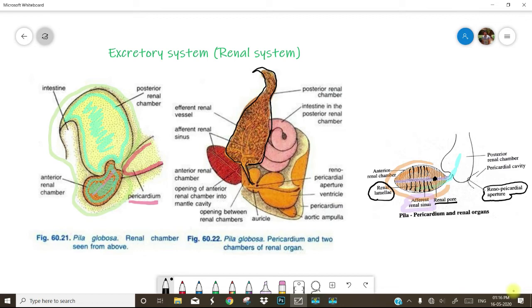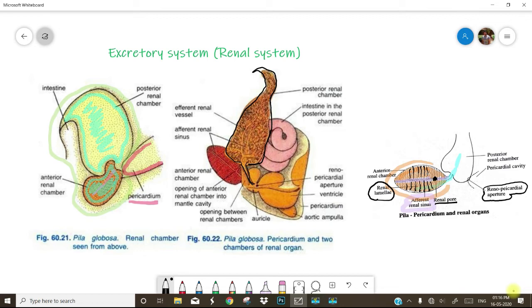The anterior renal chamber opens to outside through an opening known as the renal pore, and it also opens into the posterior renal chamber through an opening. It doesn't have any particular name. And the posterior renal chamber is a very large hook-shaped structure, and it opens to the pericardium nearby through the renopericardial aperture that we have discussed.